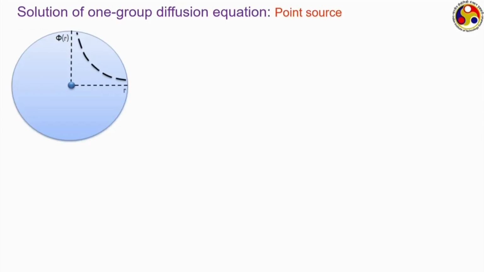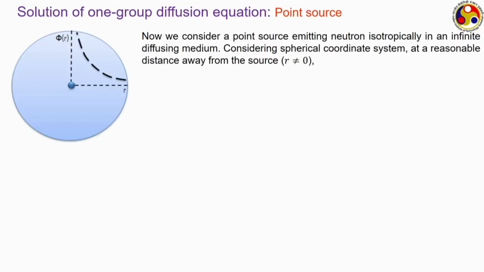This being a point, it can emit in all possible directions of a sphere around it, and particularly when this source is an isotropic one, then its intensity of emission in all possible directions should be equal, and hence instead of Cartesian coordinates we have to take spherical coordinates while solving this. So, again at a reasonable distance away from the source, the presence of the source can be neglected.